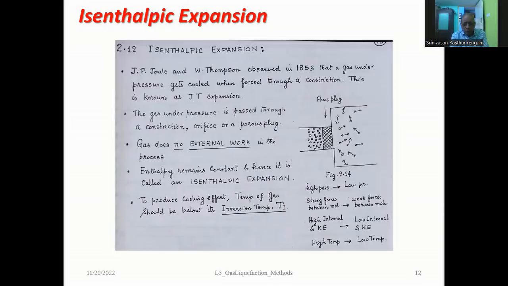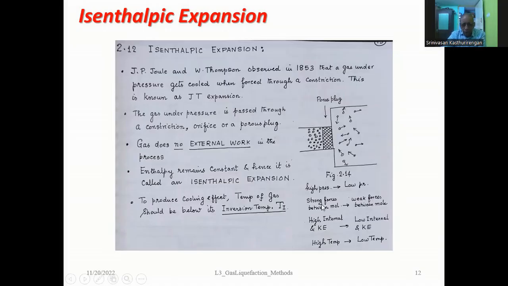Okay. So you can see a picture on your screen, and in the picture, you can see on the left-hand side a gas which is under high pressure and a porous plug in between, and then the right-hand side having gas molecules which are well separated.